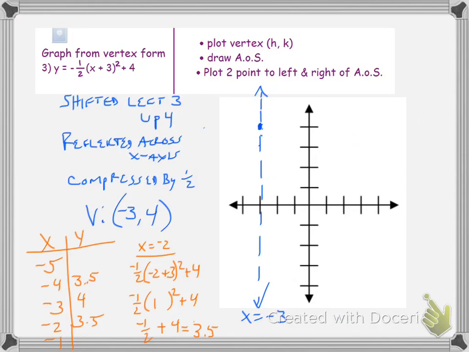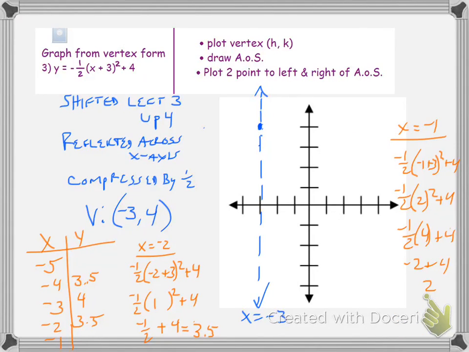That's going to be the -4 also. When x is -1, so I have -1/2 times -1 plus 3 squared plus 4. And simplify that and it becomes 2. So I can graph those on here now.